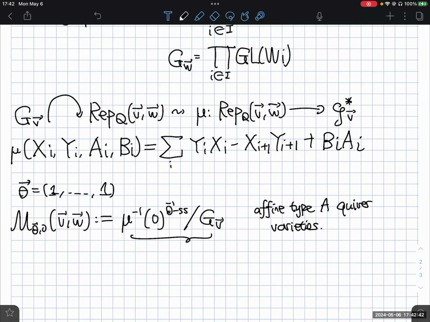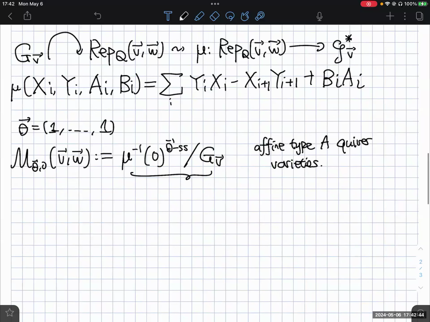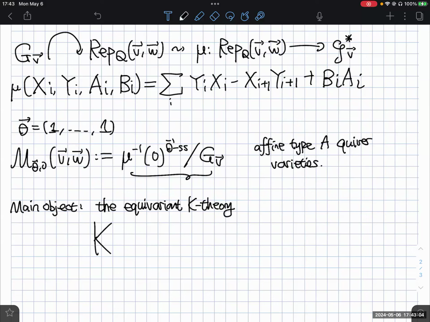Yeah, and the main object we're going to study today is the equivariant K-theory of this quiver variety.